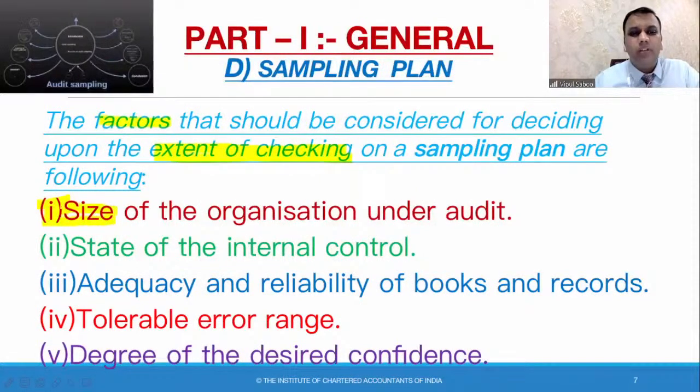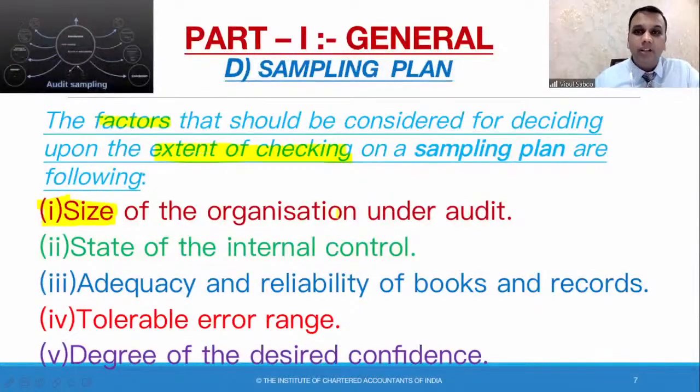If we are auditing a sole proprietor or a company with quite a low turnover, anything could be the criteria. The size of it is a small organization, medium scale organization, very big organization. It will affect what kind of sampling plan you prepare. What would be the size of your sample? What would be the frequency, the number of your samples? The size of the organization under audit.